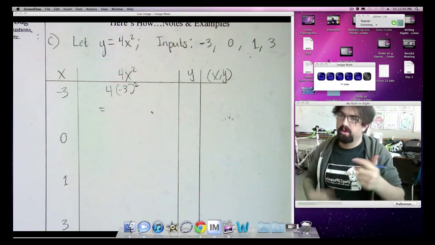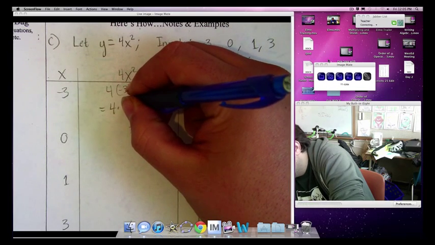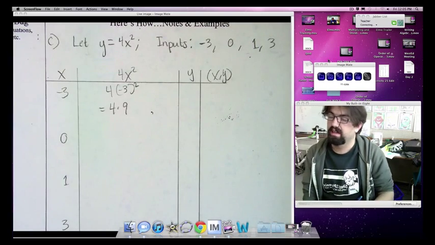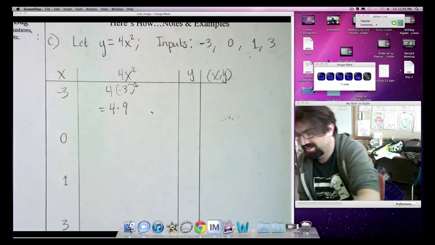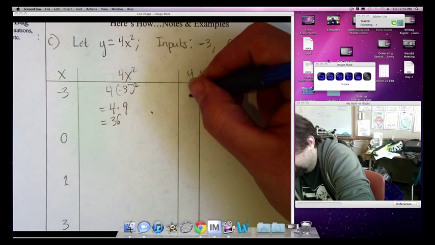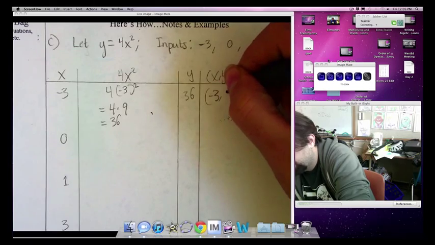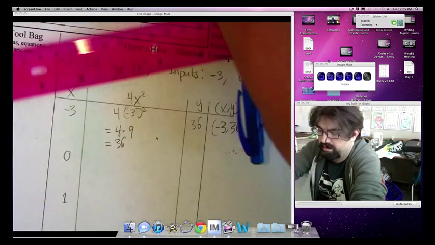Parentheses, exponent, 4 times 9. -3 squared is +9, which is equal to 36.